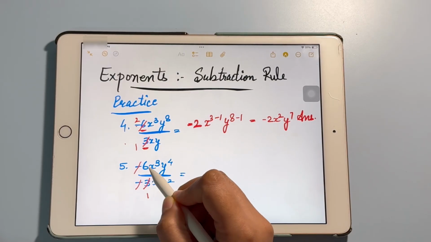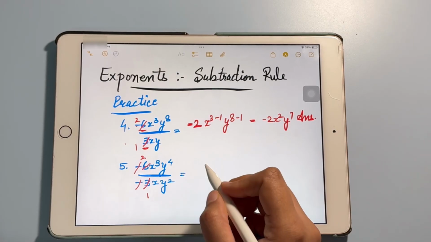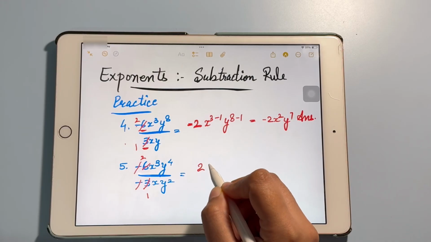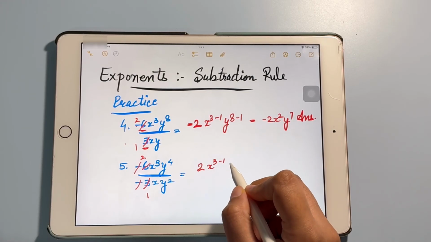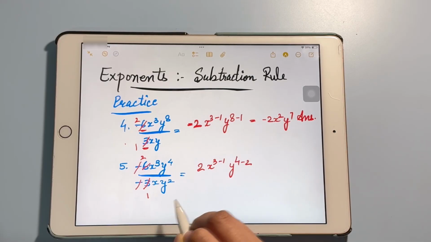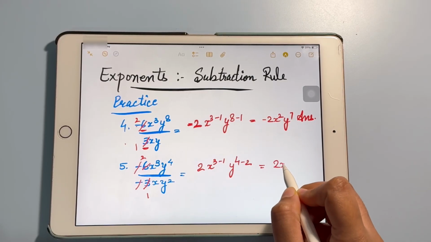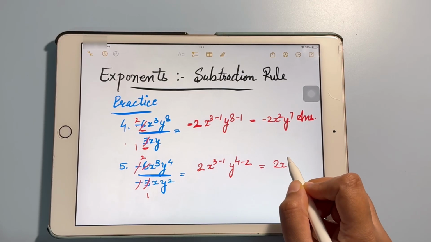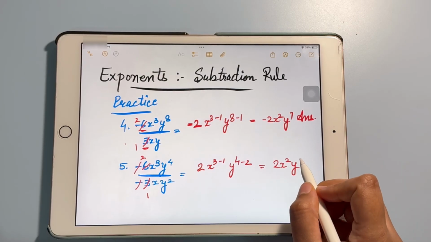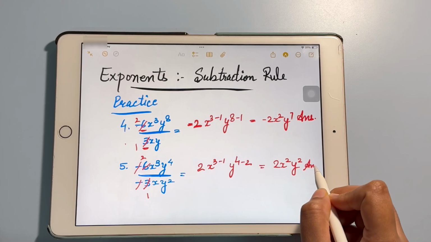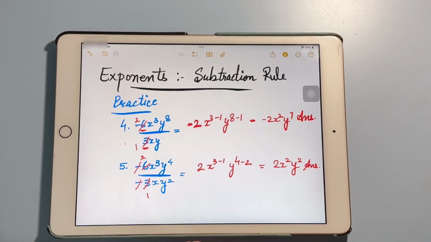So 3 ones 3, 3 twos 6, 2 x raised to power 3 minus 1, y raised to power 4 minus 2. Thus we get 2x square y square. This is our required answer.